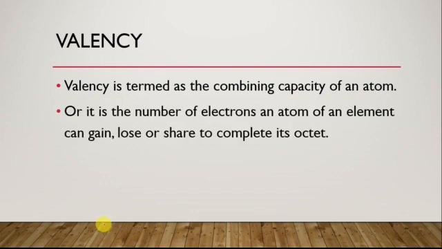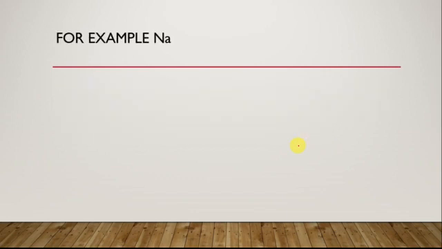And this is nothing but the number of electrons an atom has gained, lost or shared to complete its octet. Now I'll explain all this with the help of an example. For example, we have the atom sodium.